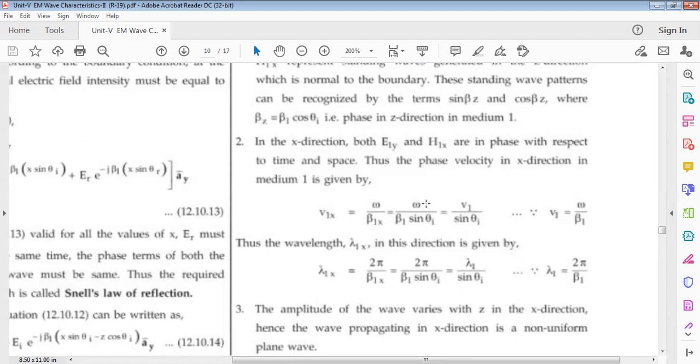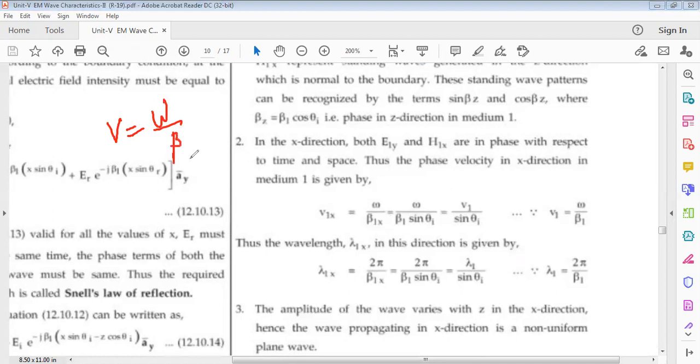The remaining function, omega by beta 1, is nothing but V1 by sine theta I. You know the velocity V is equal to omega by beta.